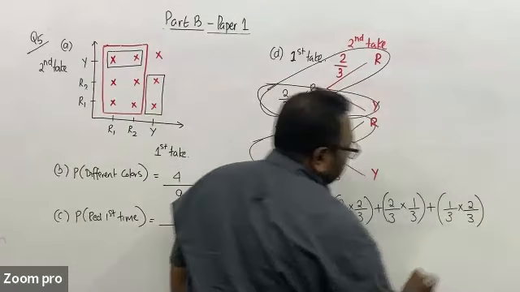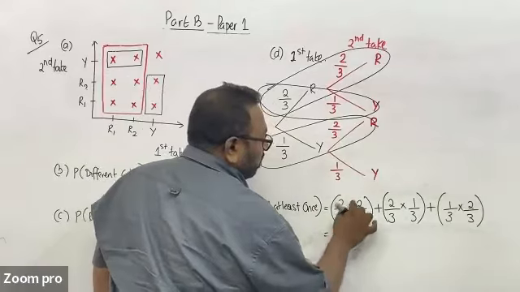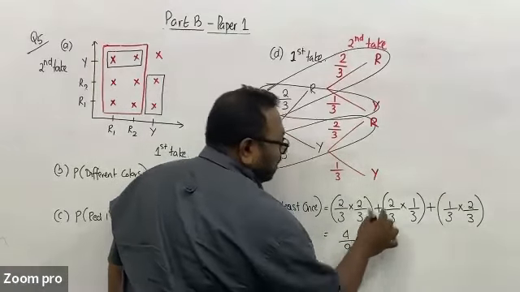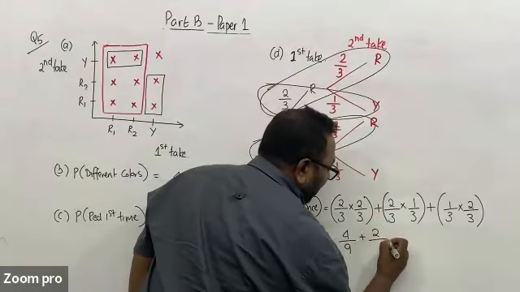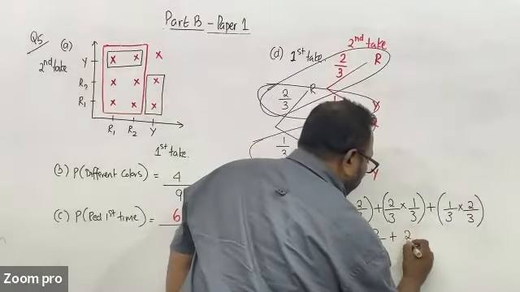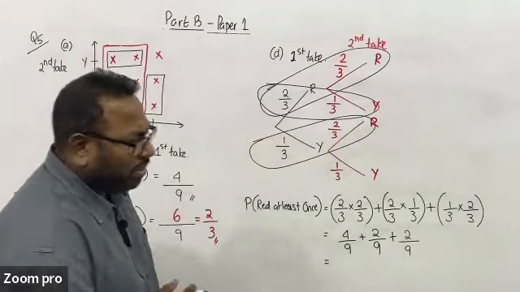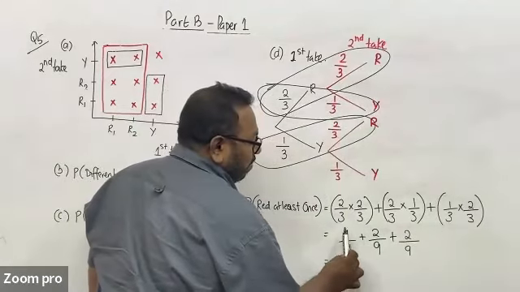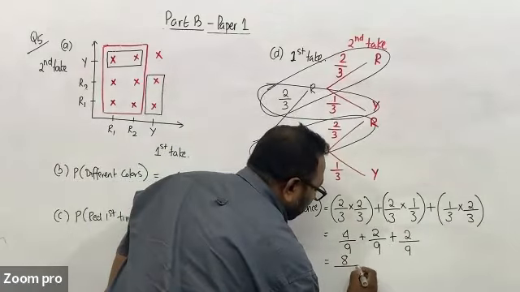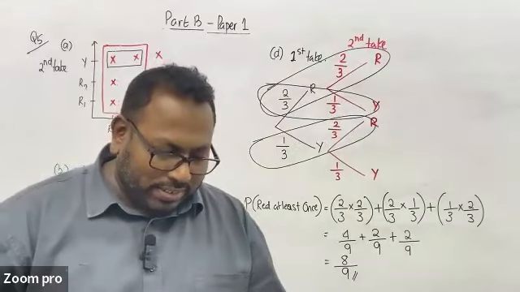Okay, now simplify. 2 into 2 is 4 over 9, plus 2 into 1 is 2 over 9, plus 1 into 2 is 2 over 9. So your final answer is going to be what? Denominators are the same. 4 plus 2 is 6, 6 plus 2 is 8 over 9 should be your final answer.